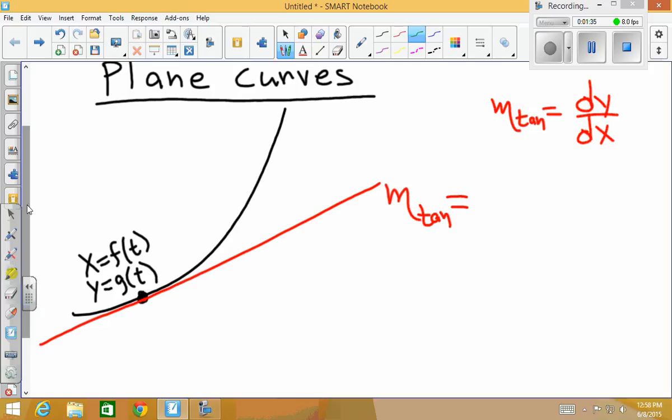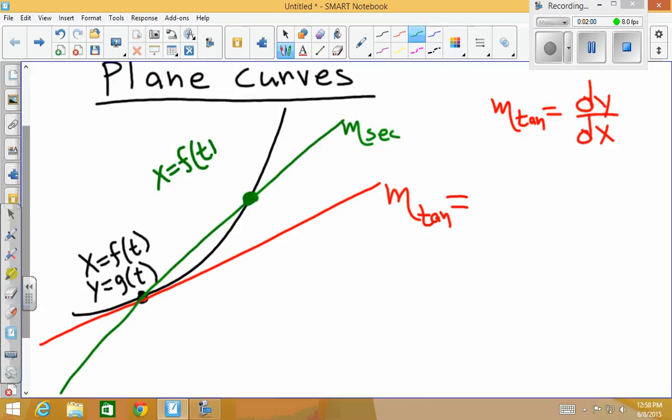The way that we got the slopes of tangent lines, if you recall, is we approximated by finding the slope of a secant line. This point, in terms of the parametric equations, could be given by x equals f of t plus delta t, y equals g of t plus delta t.